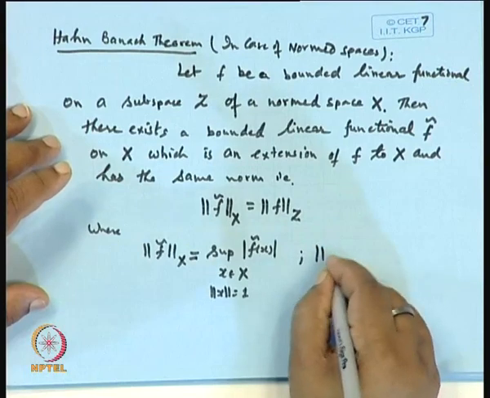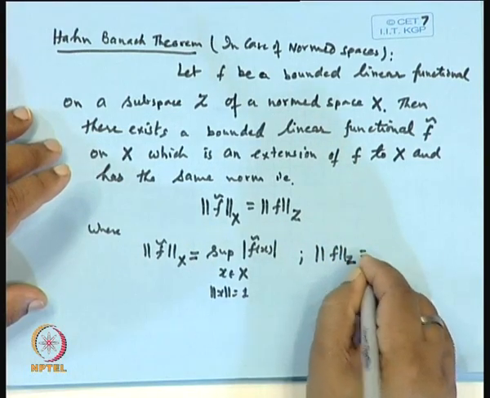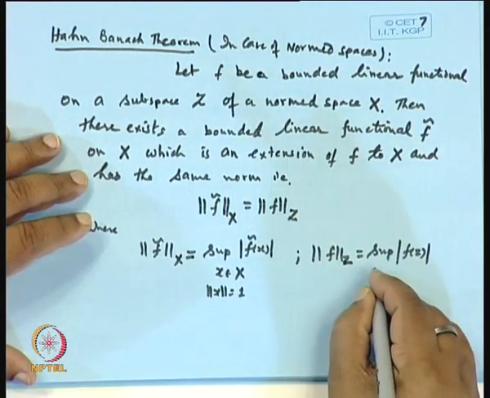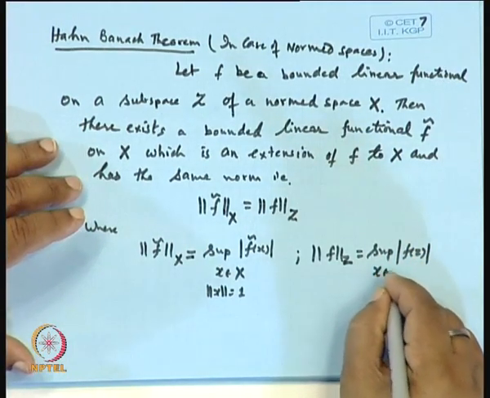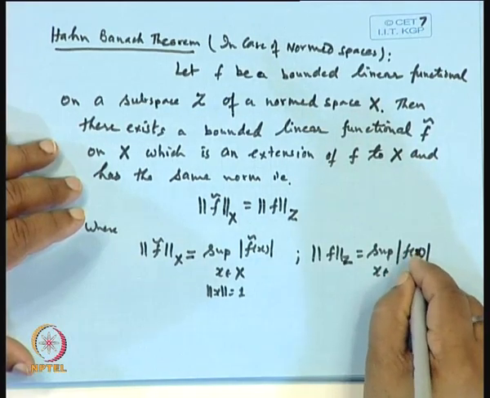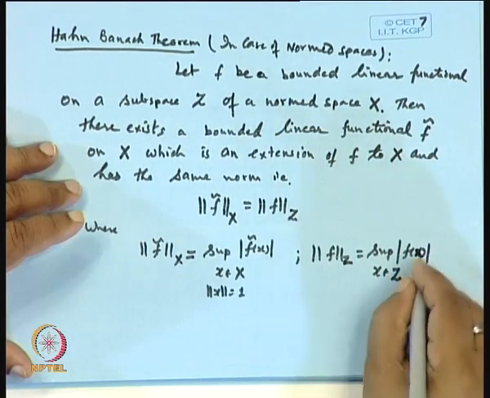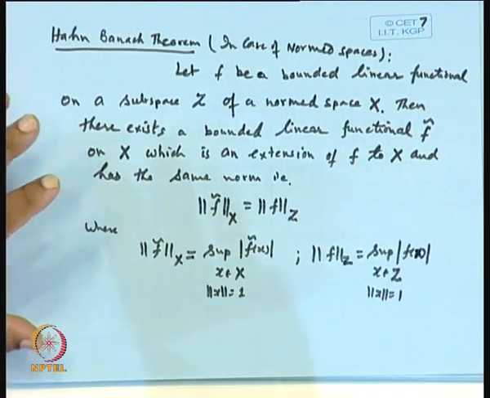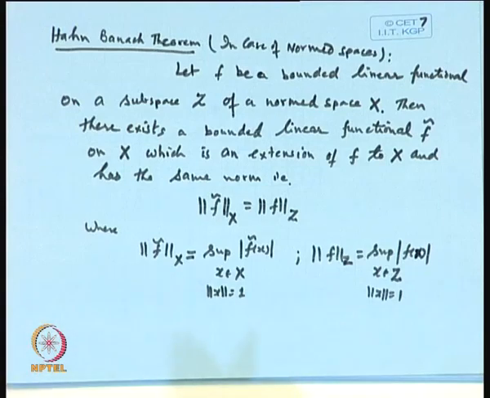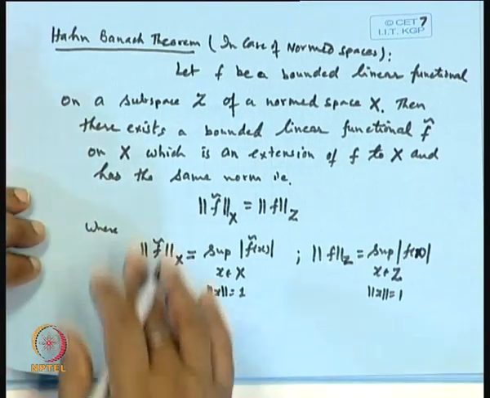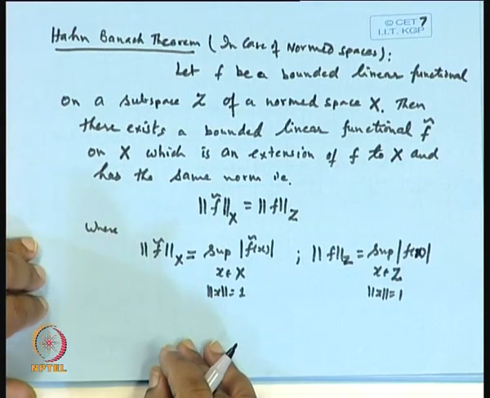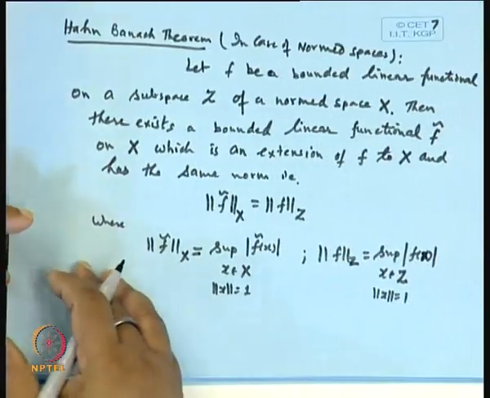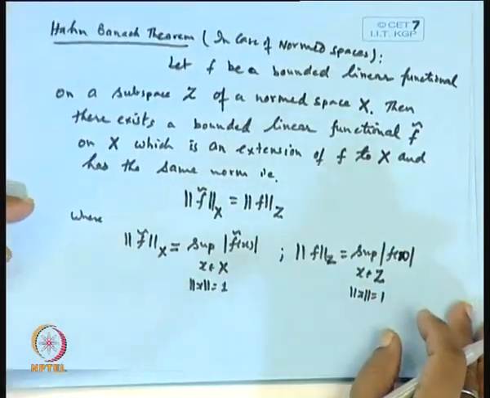And similarly, norm of f on Z means the supremum of mod f x, where x belongs to Z and norm of x is 1. So, this gives the extension of the bounded linear functional from a subspace of a norm space to the entire space.